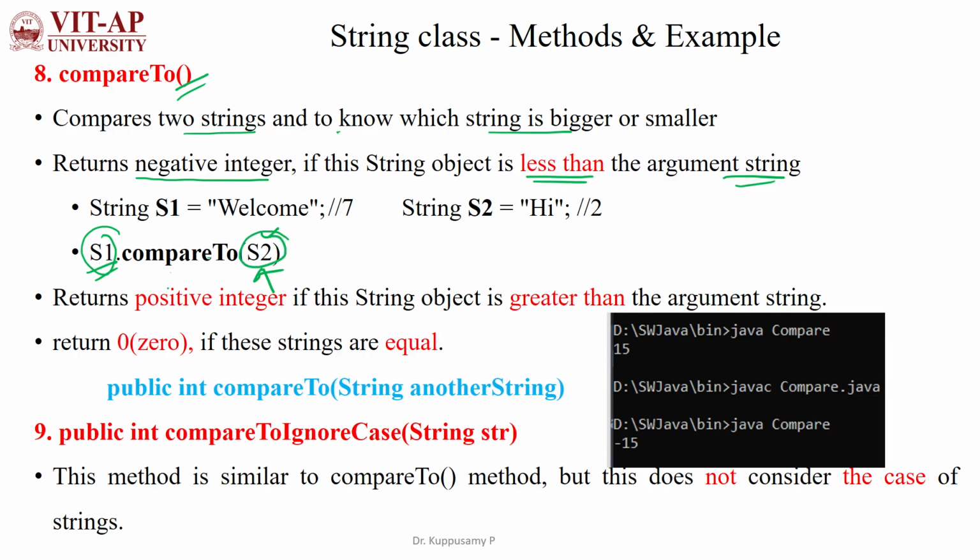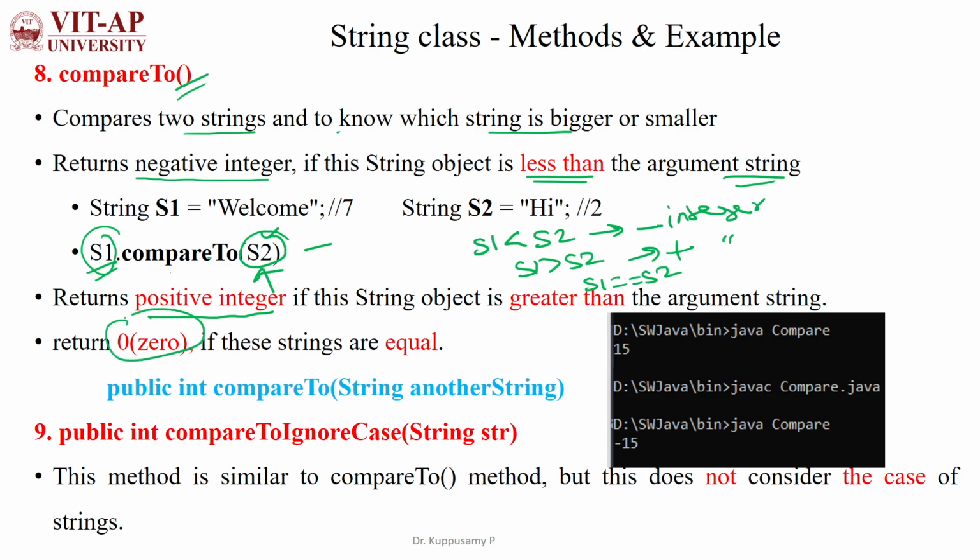If s1 is greater than s2, it will return a positive integer. If s1 is smaller than s2, it will return a negative integer, any integer value. If both are equal, it will return 0. Here we have given two inputs, and the negative integer says that s1 is smaller than s2.